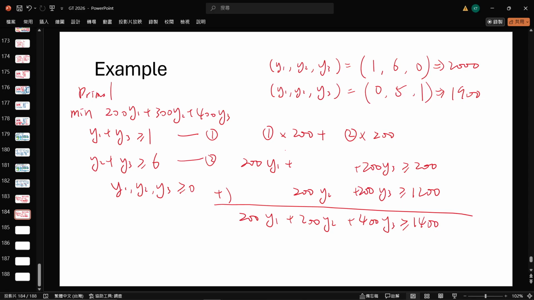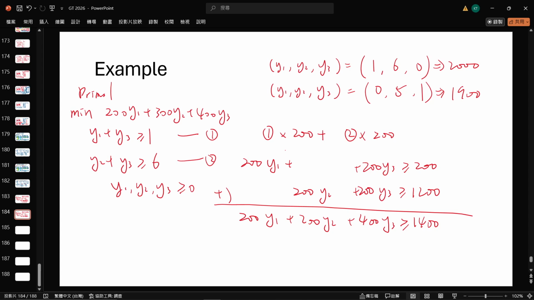So now this is a valid lower bound, because we get 200 y1, and 200 y2, which is less than 300 y2, so that's okay, and 400 y3, this matches 400 y3. So we have a lower bound, 1400. Not exactly equal to 1900, so we have to find a better lower bound.